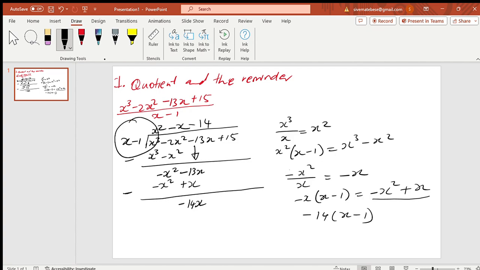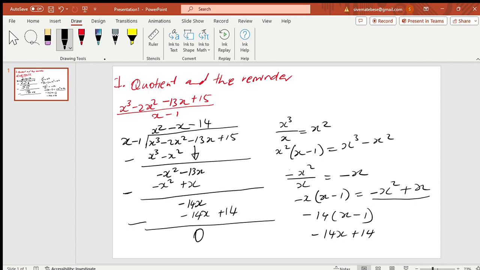After multiplying, we get negative 14x plus 14. So now we subtract again. Negative 14x minus negative 14x gives us a 0.